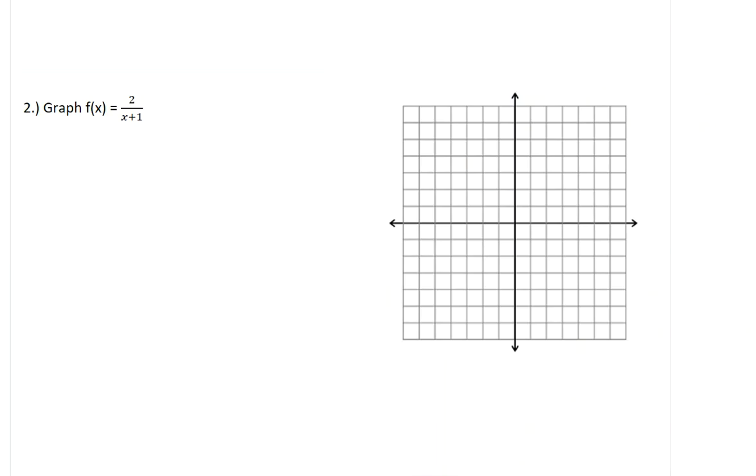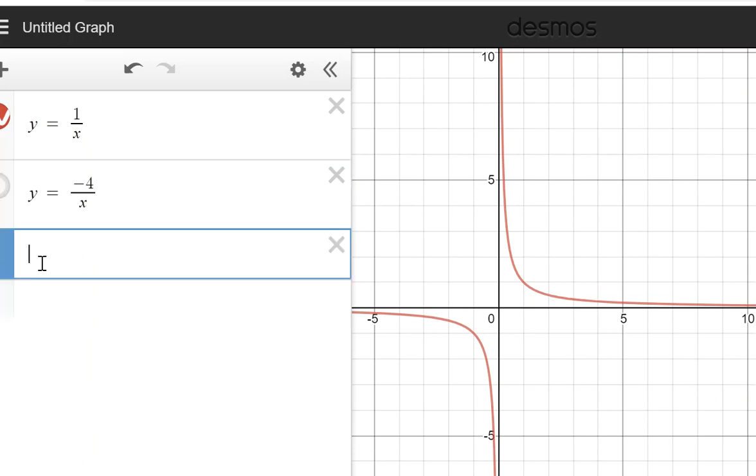If we go to number 2, we have the graph f of x equals 2 over x plus 1. Again, this is considered a rational graph because we have a function in the denominator, as well as technically in the numerator. So we're going to see some asymptotes. I'm going to go back to Desmos, and we're going to start with that y equals 1 over x.